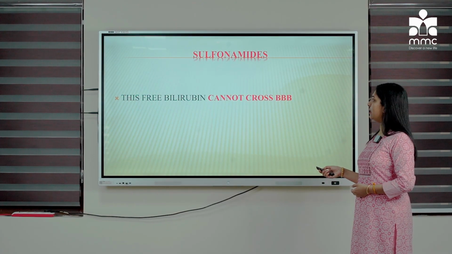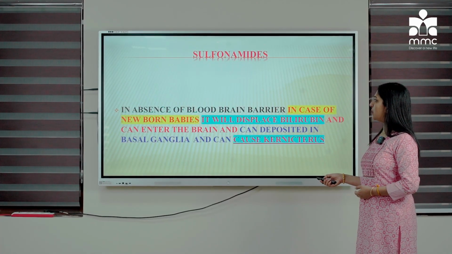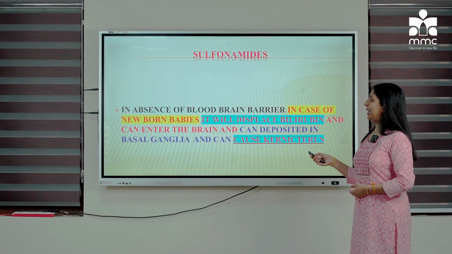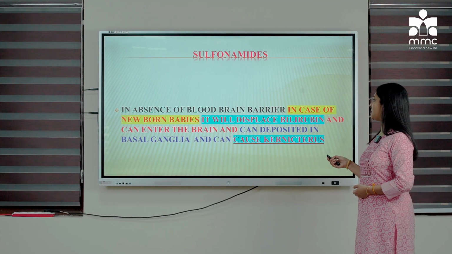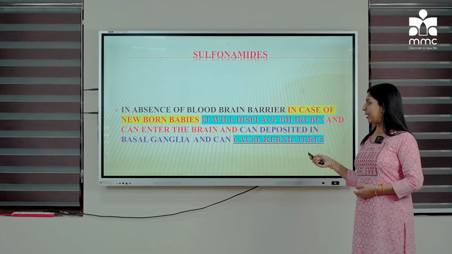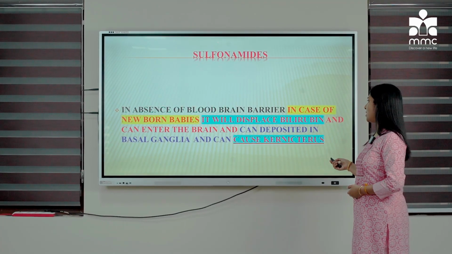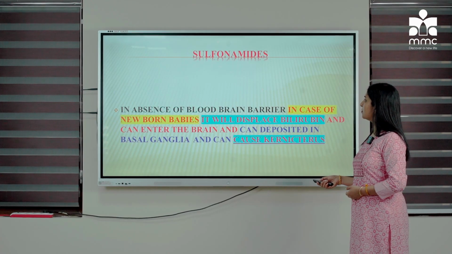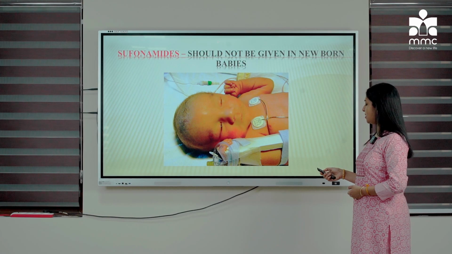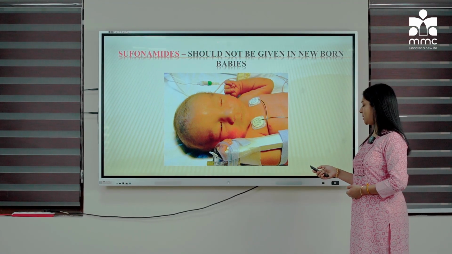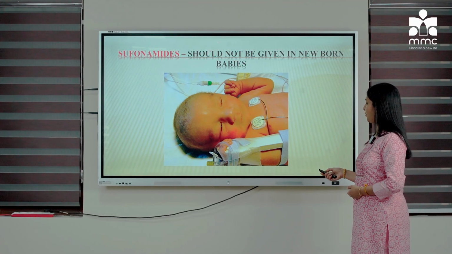This free bilirubin can cross the immature blood-brain barrier in newborn babies, enter the brain and get deposited in the basal ganglia, and can cause kernicterus. You can see the picture of a baby having kernicterus. This is due to bilirubin displacement. So in newborns, it is not allowed to give sulfonamides.